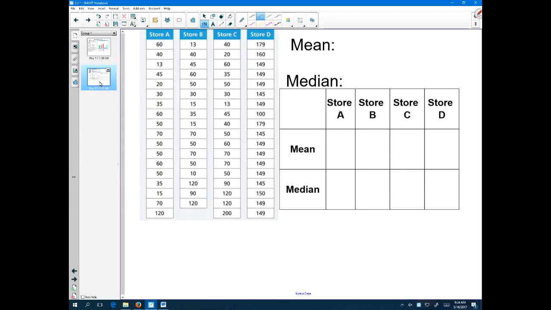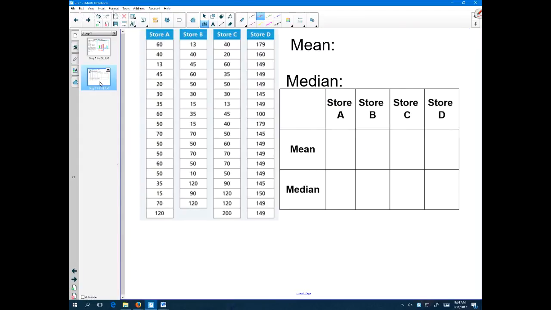In order to find the median, what did you have to do first? If you did not do this, I guarantee you got it wrong. So in order to find the median, you had to do what first, Landon? Put them all in order. I don't care if you go biggest to smallest or smallest to biggest. Either way, it'll work. Okay?